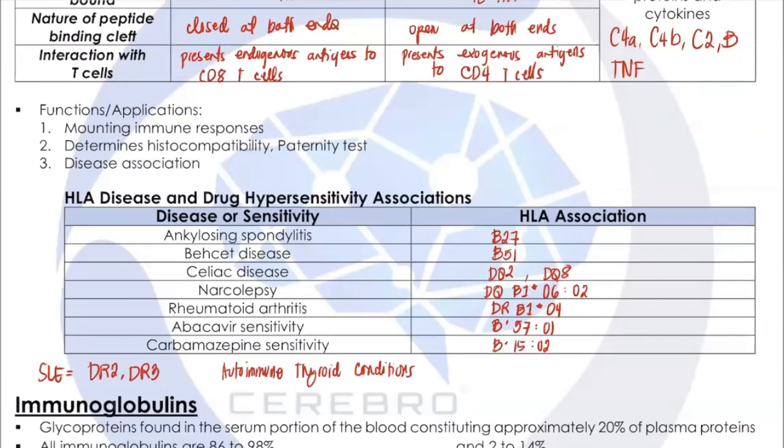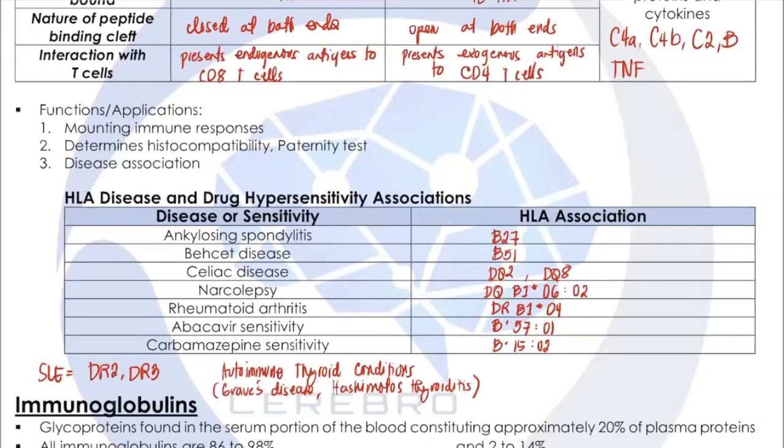Yung si Graves disease, saka yung isa, si Hashimoto's thyroiditis. So these are autoimmune thyroid conditions.